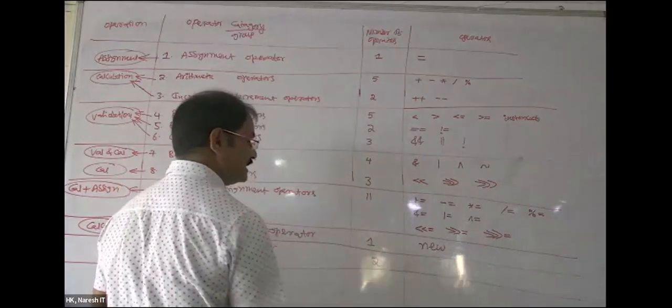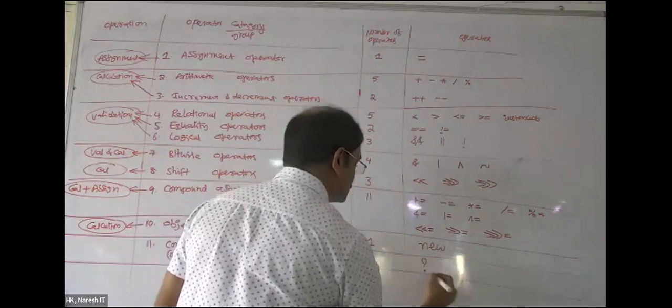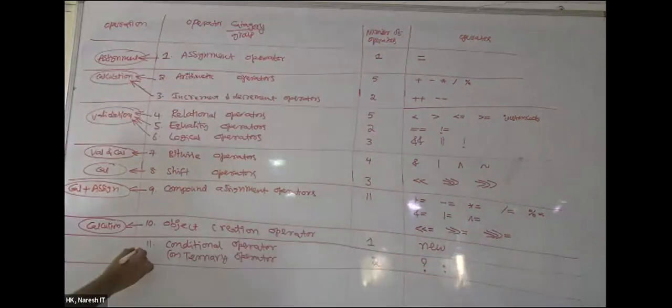Two. Actually, one operator, but symbols are two. Question mark, space, colon. Space is there between question mark and colon. It is performing conditional. Conditional means what? Validation. Validation operator.